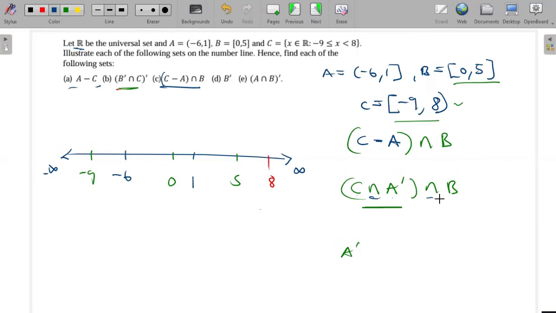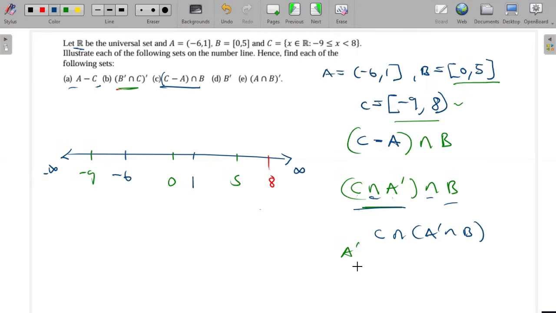The associative law says you could have C intersect B, then intersect it with C. Or the same approach we're about to do, where we say C intersect A complement, and then we intersect it with C. So handle this first part, then you intersect it with the other part. Or you do it the other way around. It's just the same.